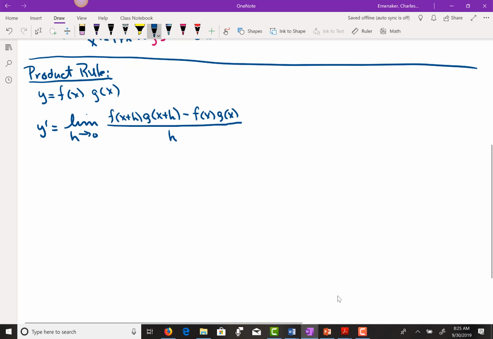Now, there's one sneaky little maneuver we have to do here. We have to stick something in here. Suppose I had an equation y equals 7x minus the square root of x. Is that the same thing as 7x minus the square root of x plus 8 minus 8?